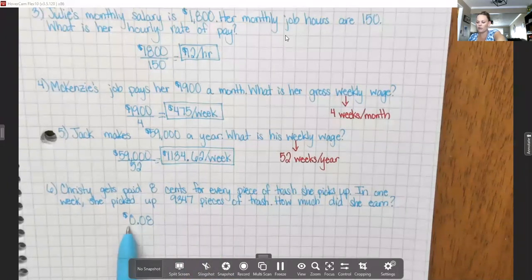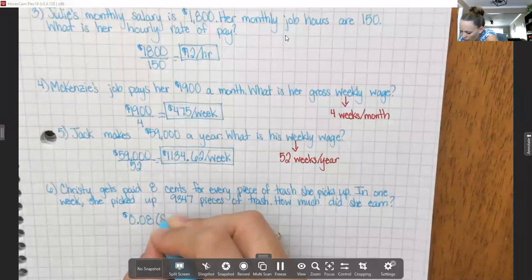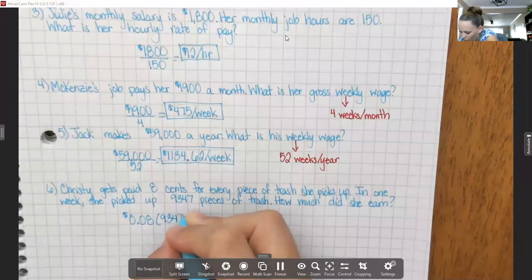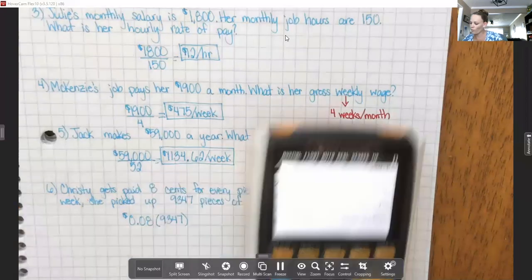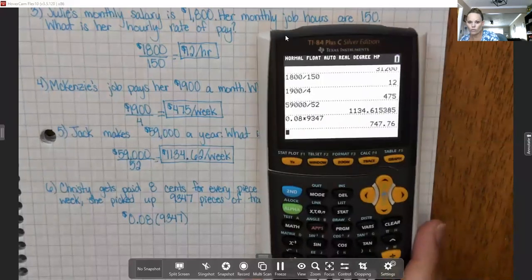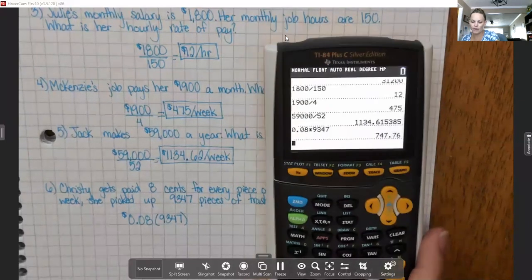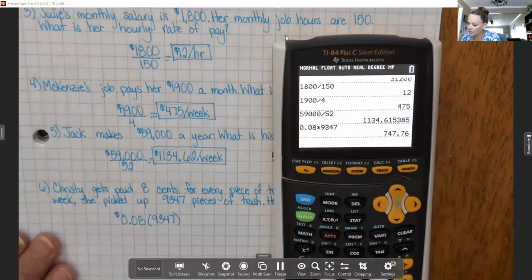So 8 cents we know is 0.08 times 9,347. So for every one of those, she got 8 cents. So it ends up being $747.76.